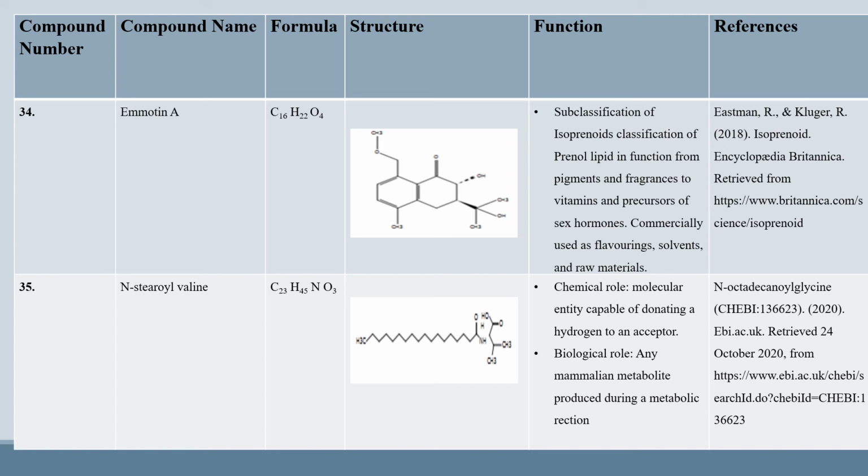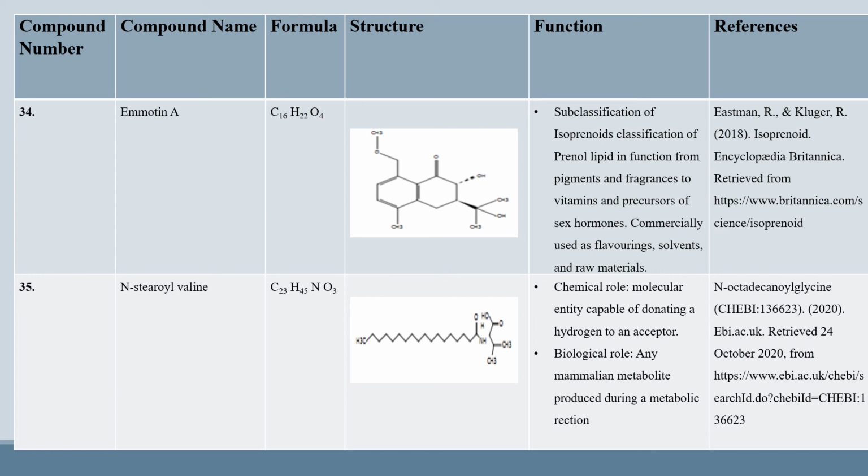Isoprenoids in living organisms range in function from pigments and fragrances to vitamins and precursors of sex hormones. Other commercially valuable isoprenoids are those used as flavoring and solvents and raw materials for chemicals.